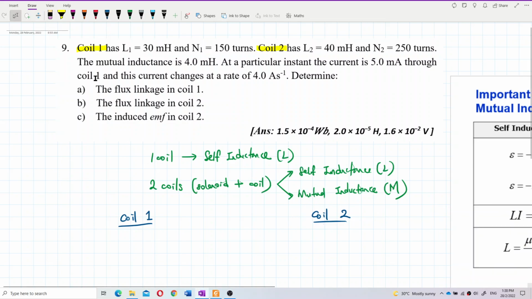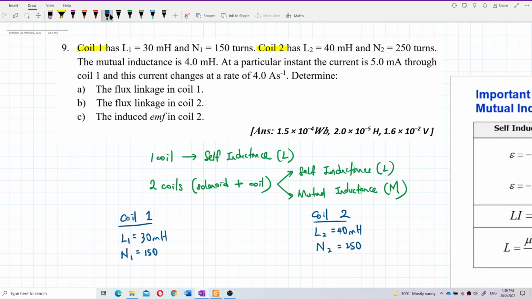Let me write down all the information given. For coil 1, self-inductance L1 is 30 millihenry, which we need to change to the SI unit, henry, and the number of turns is 150. Coil 2 has self-inductance 40 millihenry and number of turns 250.